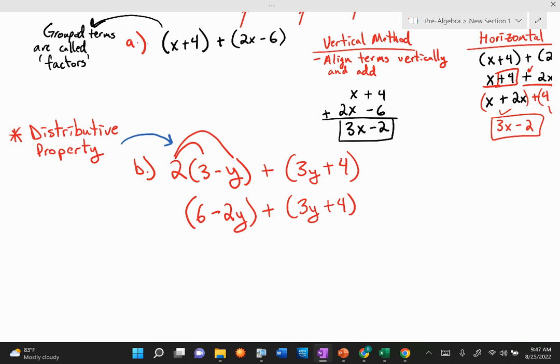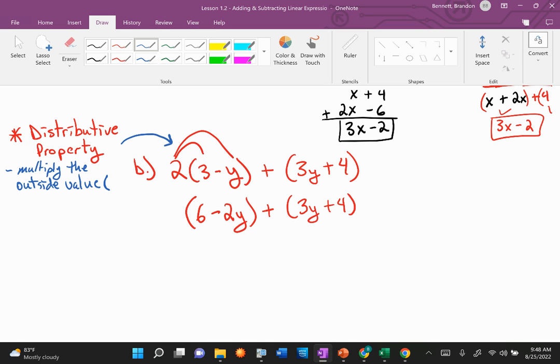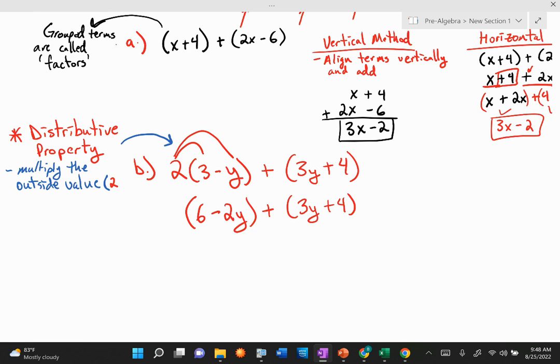With distributive property, you have to multiply the outside value, and then in parentheses, I'm going to put 2 so that we know which value I'm talking about on this specific example.